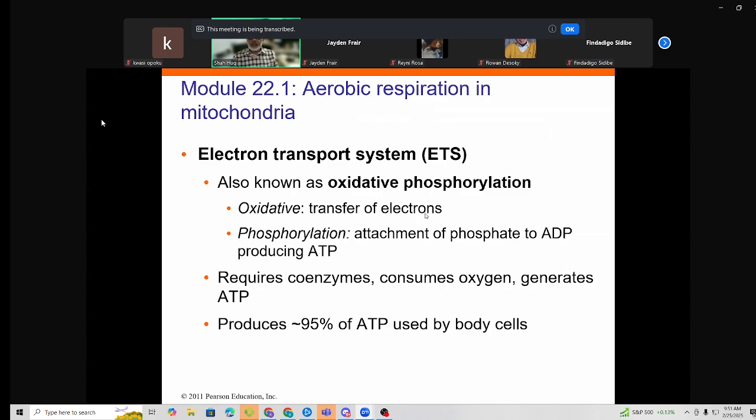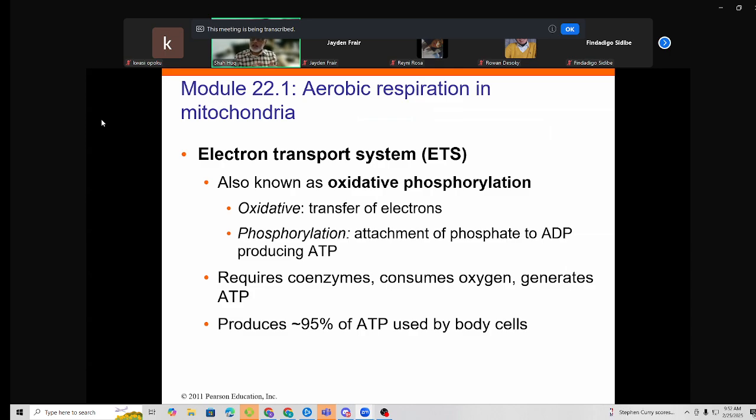This is also part of the oxidative respiration, and this part is called oxidative phosphorylation. That means we will use oxygen here, and the making of ATP is also called phosphorylation, meaning adding of phosphate.